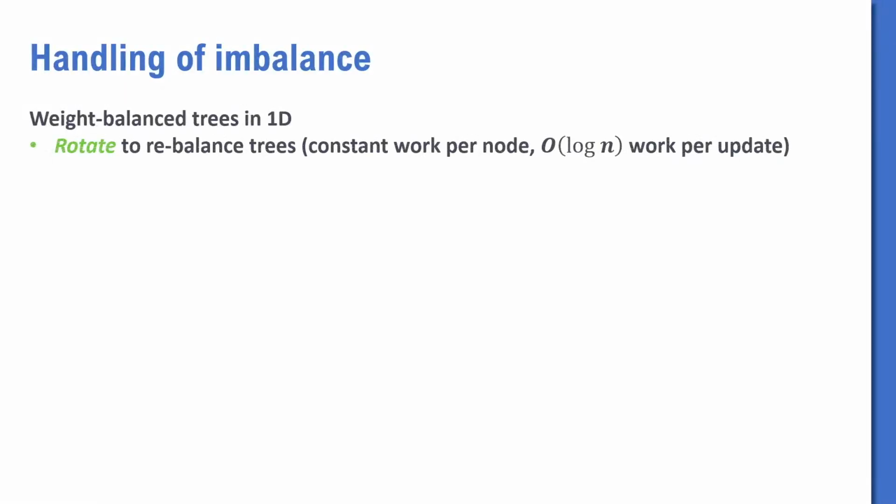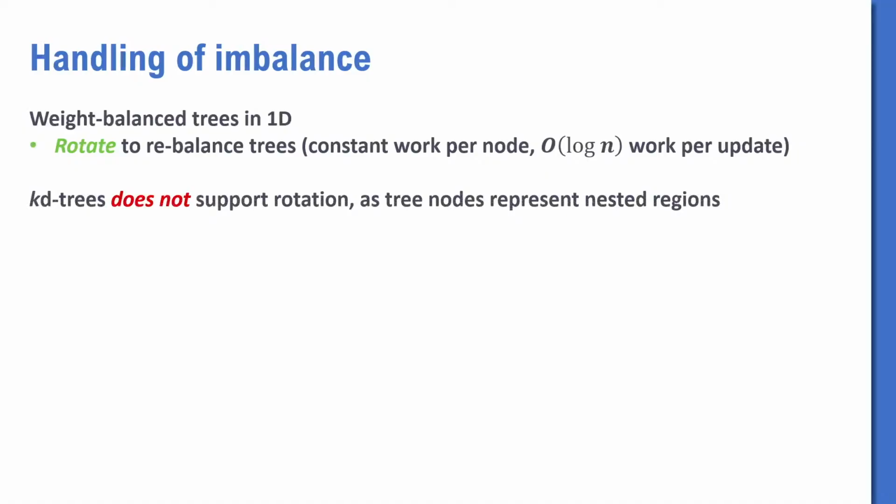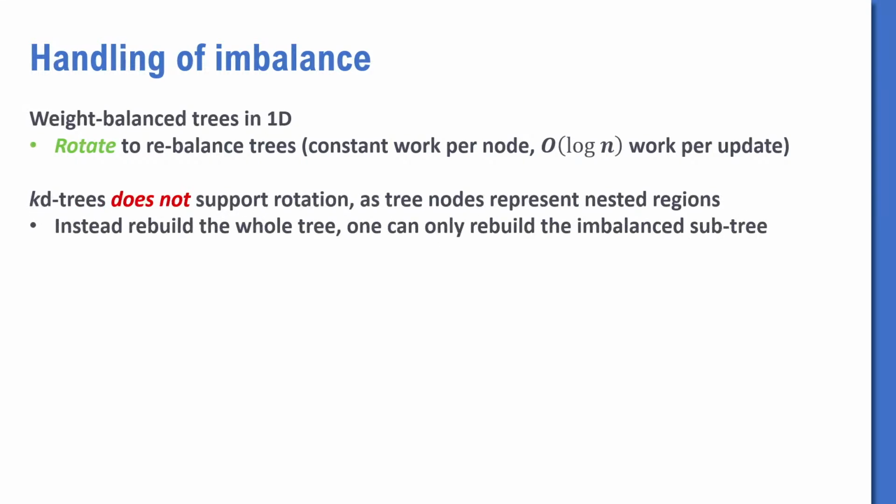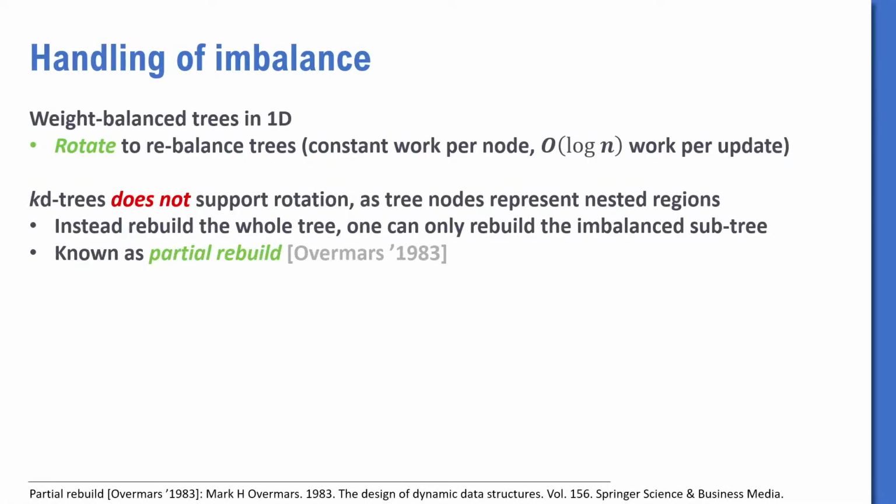And then if one subtree becomes too heavy, you can just rotate it and make it balanced. KD tree does not support rotations because all the nodes represent nested subregions. You cannot just rotate them around, but that's fine. We can rebuild the unbalanced part. So this one is called partial rebuild.